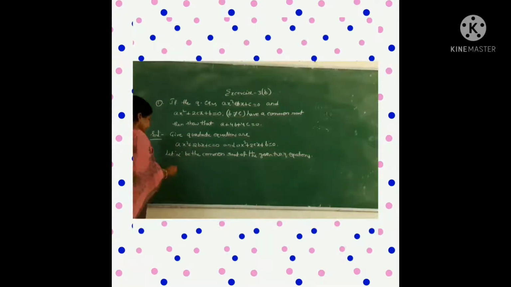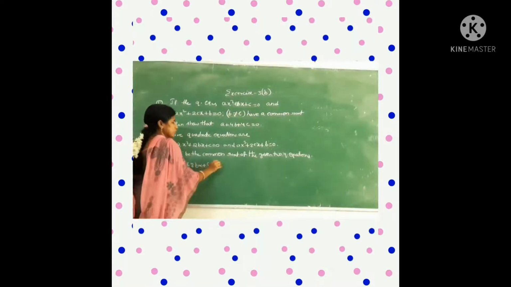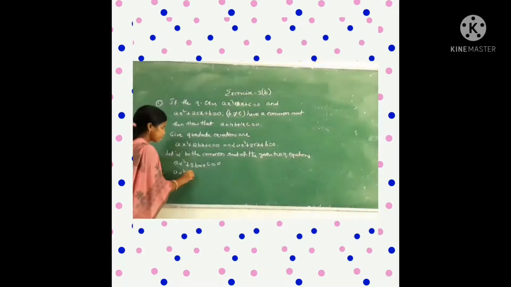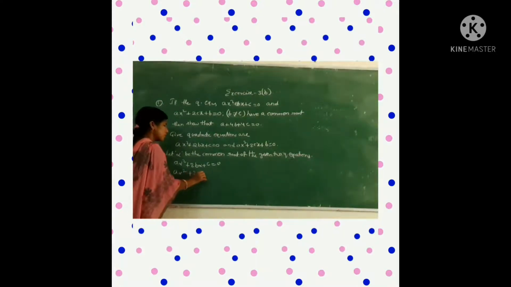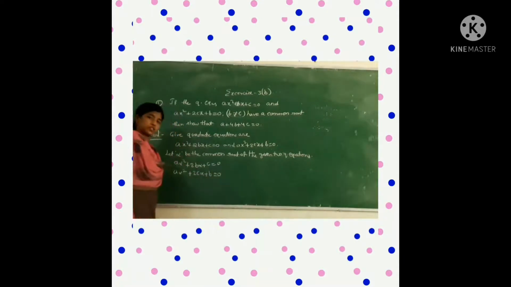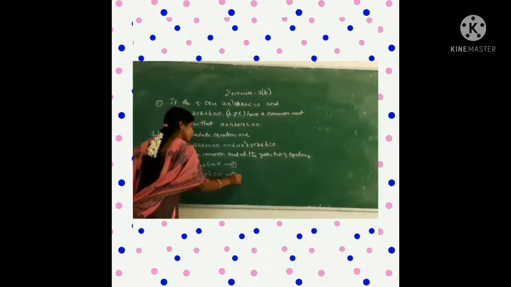Then we get a alpha square plus 2b alpha plus c is equal to 0 and a alpha square plus 2c alpha plus b is equal to 0. Okay, understand? This is equation 1 and equation 2.